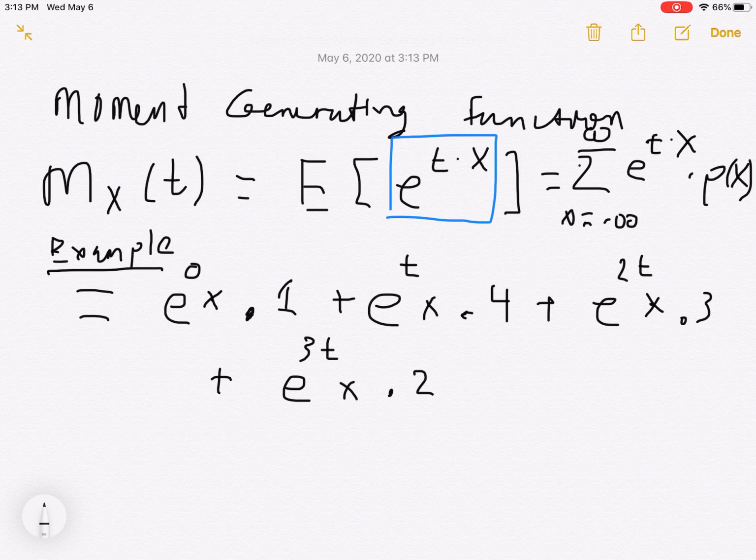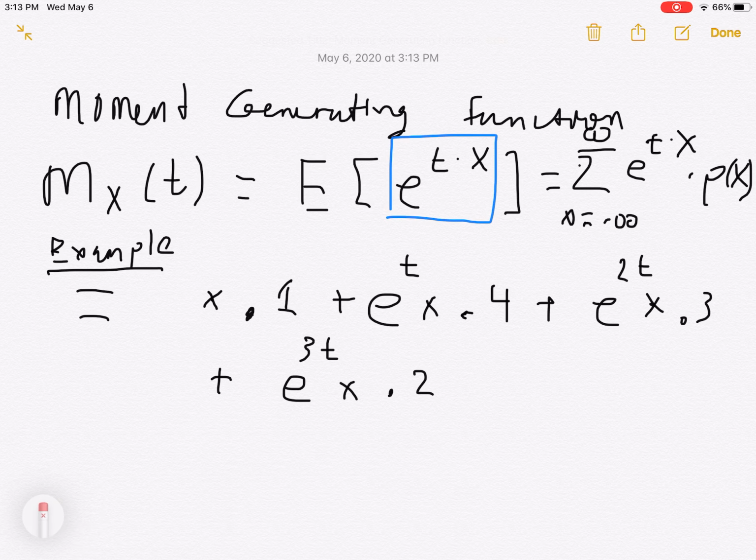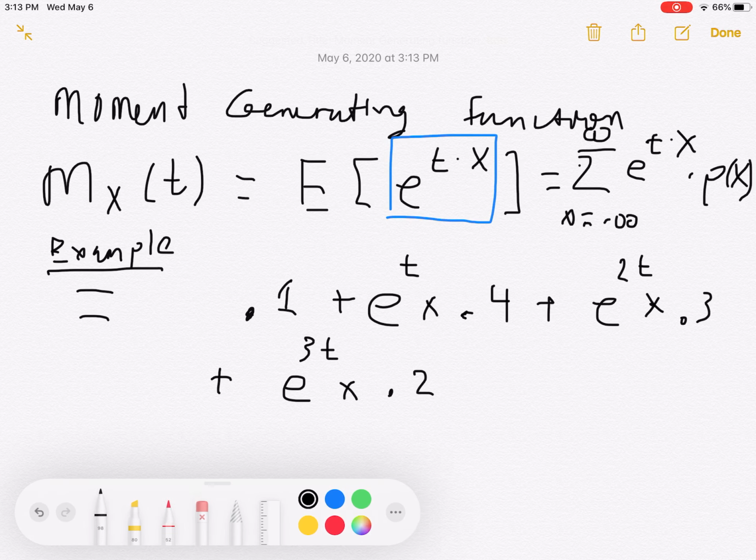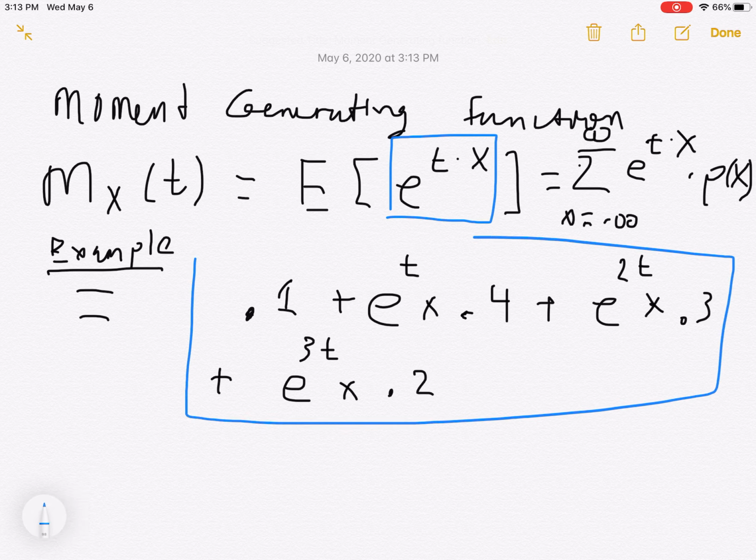Okay, and if I simplify this, the only piece that simplifies is that e to the 0 is 1. So I'll just get that. And that is my moment generating function.